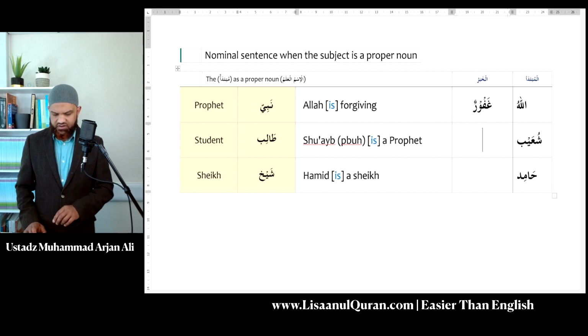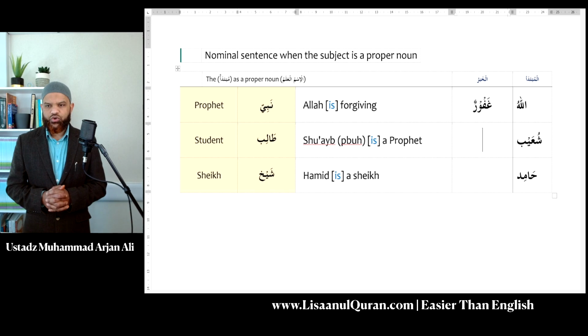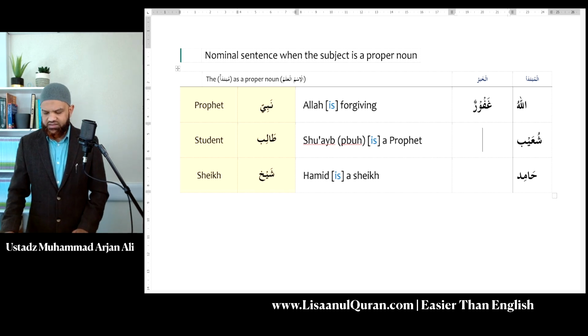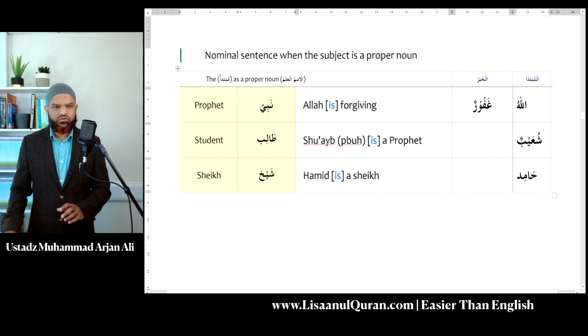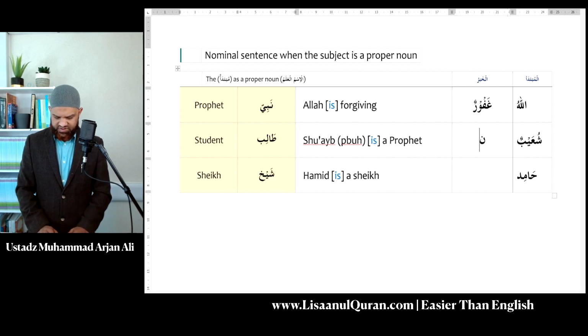It has to be in the rafa status. Shu'aib, again, we need to make that into the rafa status, alayhi salam. So we put Shu'aibun, exactly the same as Muhammadun. And we need to say that is a prophet. The word for prophet is Nabi. And it will be Nabiyun.